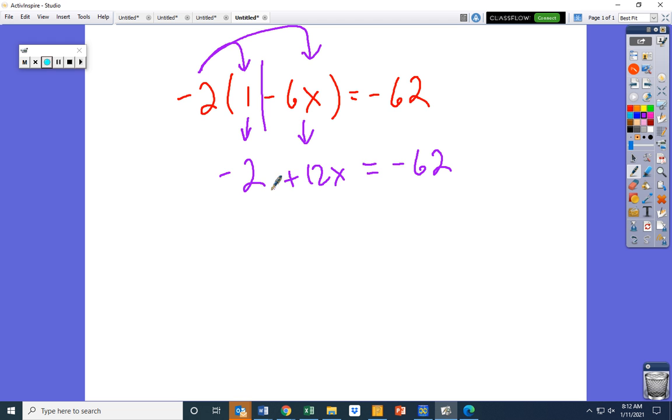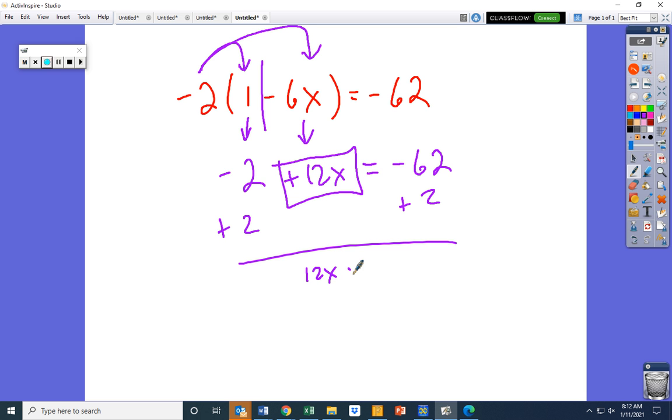Good. And then I put this in a box, really good, and then add 2 here and add 2 here. So now I have 12x equals, what's negative 62 plus 2? Good. Divide each side by 12. And a negative divided by a positive is a negative. How many 12s go into 60? Negative 5.